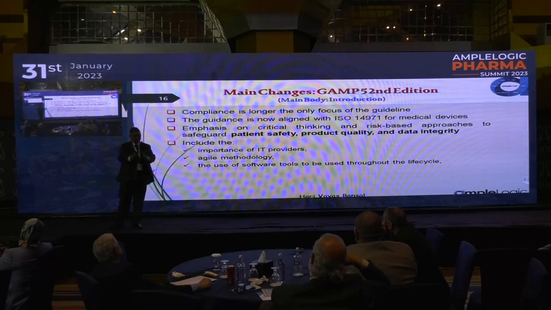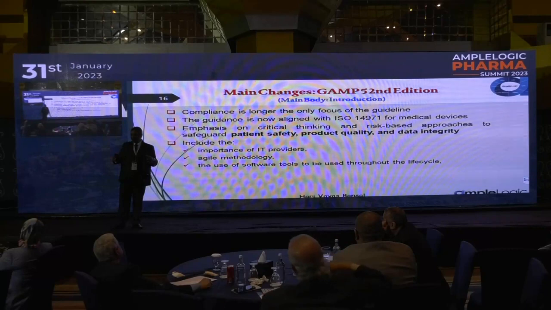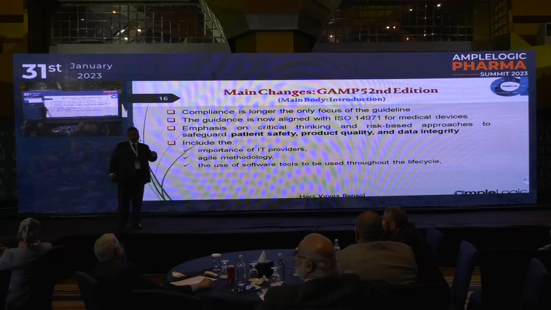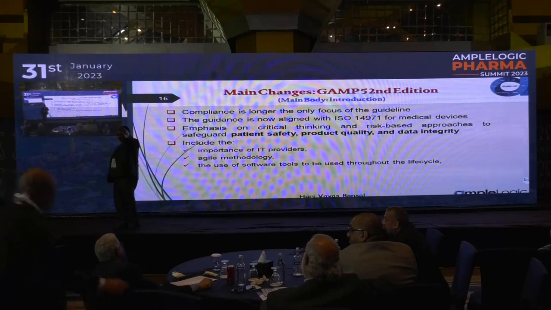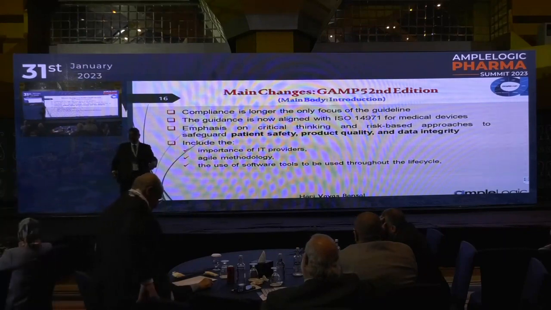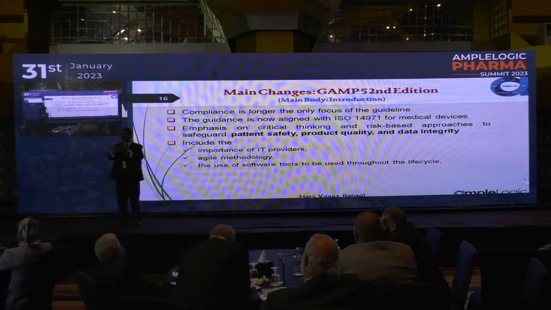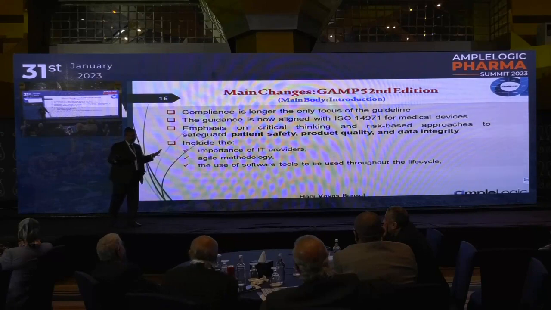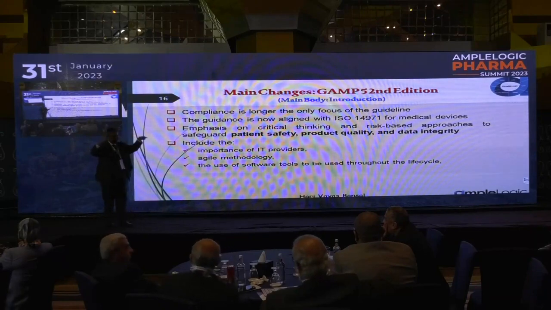Being together in this hall to learn about something which is avoiding your data integrity by putting the computerized system in, from a vendor like AmpleLogic, and to integrate your systems to get rid of all your compliance issues. Correct me if I'm wrong. Is it the same thought process for which we are here? Right.